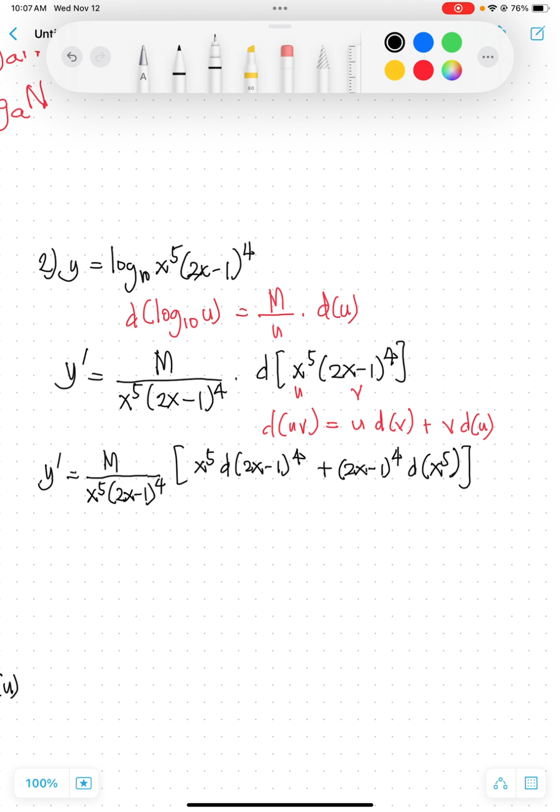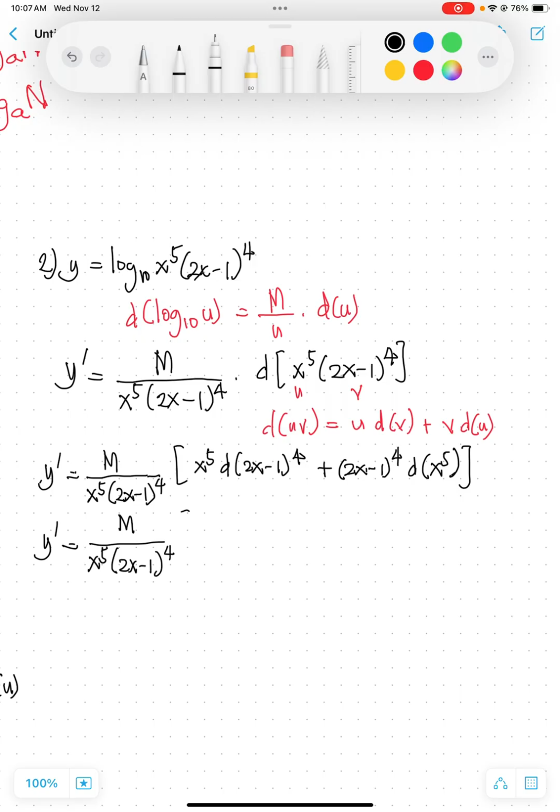So I'll have y prime equals m, divided by x raised to 5 times 2x minus 1 raised to 4.